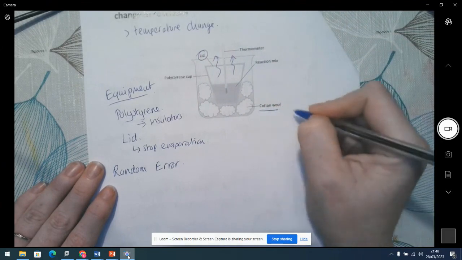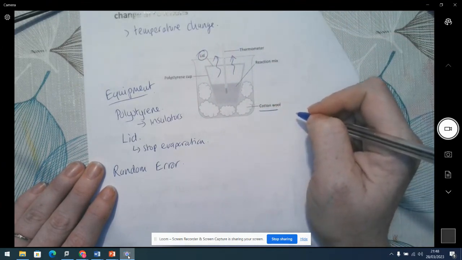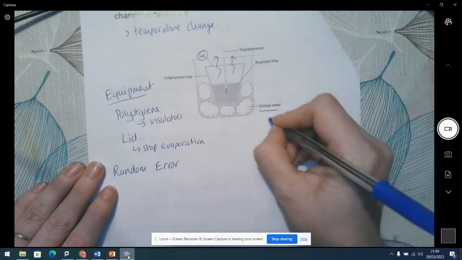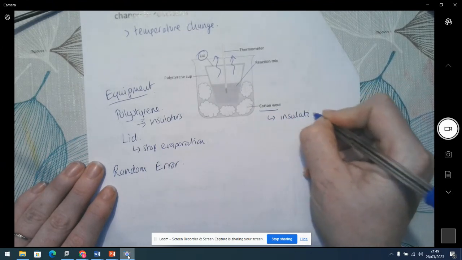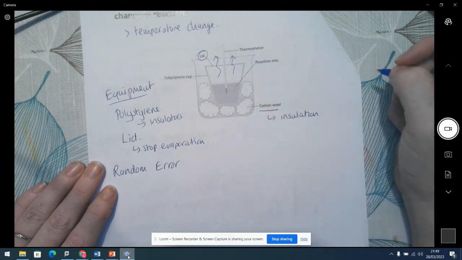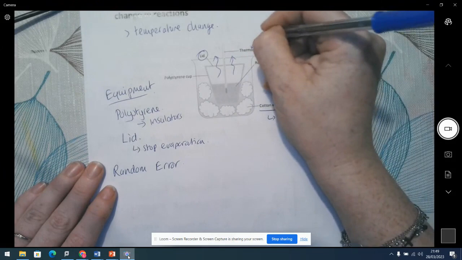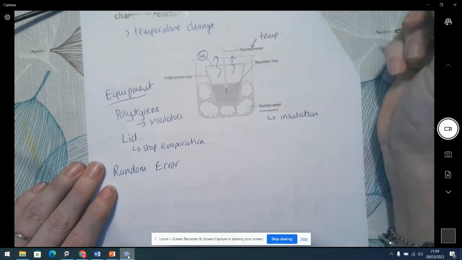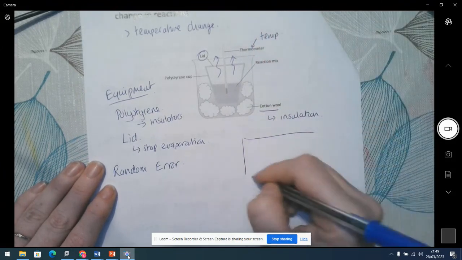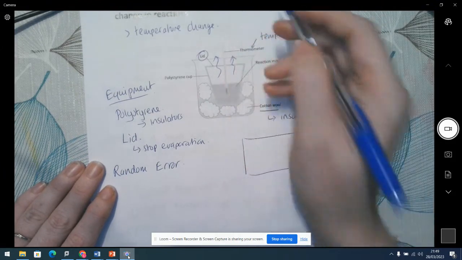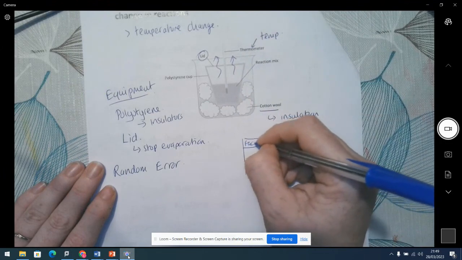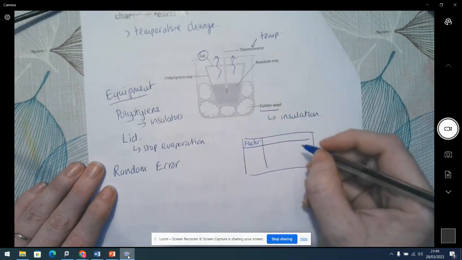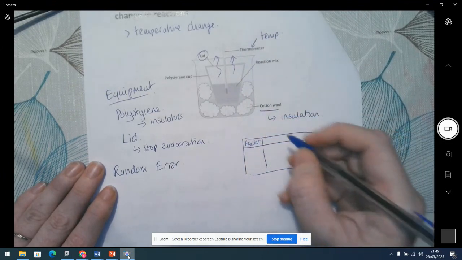We might have, but we don't always have in the experiments I've seen in exam questions, things like cotton wool, which is an insulator. They're just extra insulation to stop the heat escaping to the surroundings. Okay, we've got our thermometer to measure the temperature change, and as we're trying to show factors that can affect temperature change, we'd have our factor on the left-hand side because that's my independent variable.